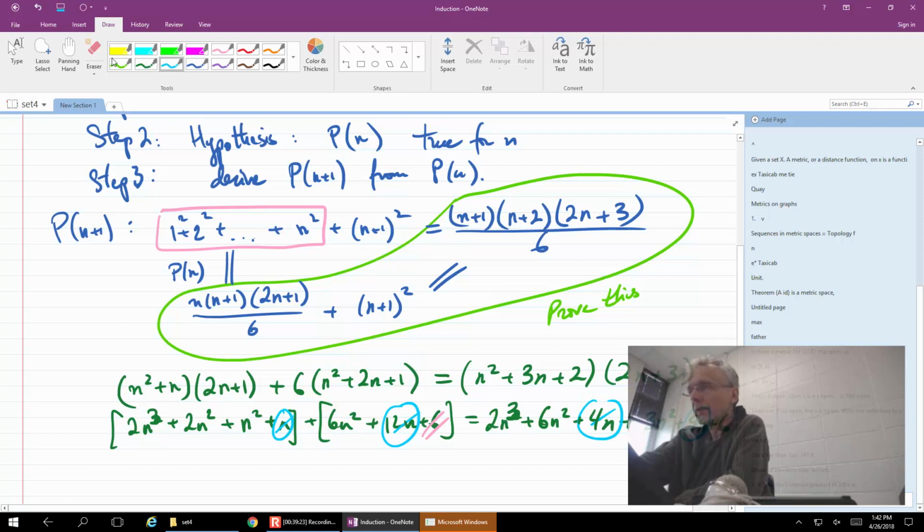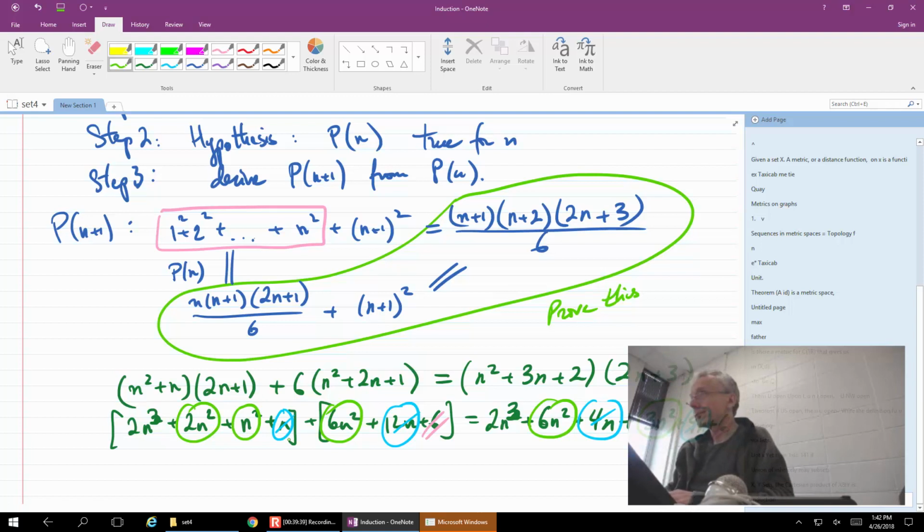Now squares: this is a square, that is a square, and all of these are squares. So it's 9 on the left and 9 on the right. Okay, so it's gone. And finally we're left with only one term, the cubic, and the 2n cubed also match. So there's a match. Everything cancels out. 0 is equal to 0.